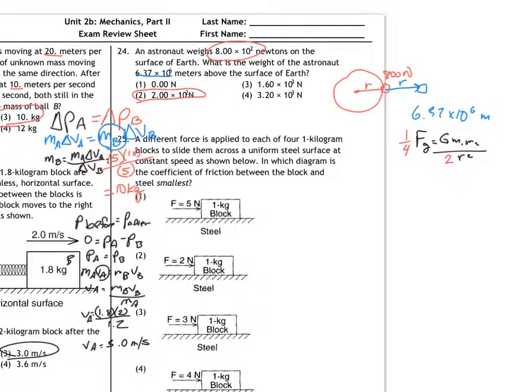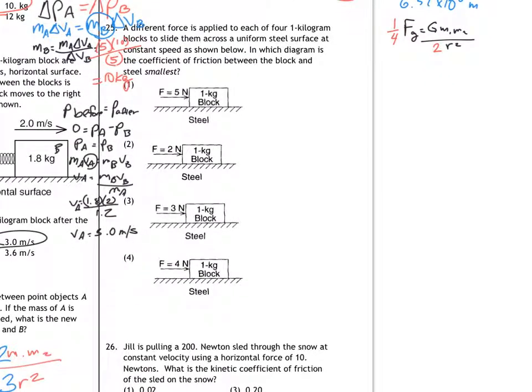Okay, for 25. A different force is applied to each of 4 1-kilogram blocks to slide them across a uniform steel surface at constant speed. Since they're moving at constant speed, I know that the applied force is equal to the frictional force. In which diagram is the coefficient of friction the smallest?